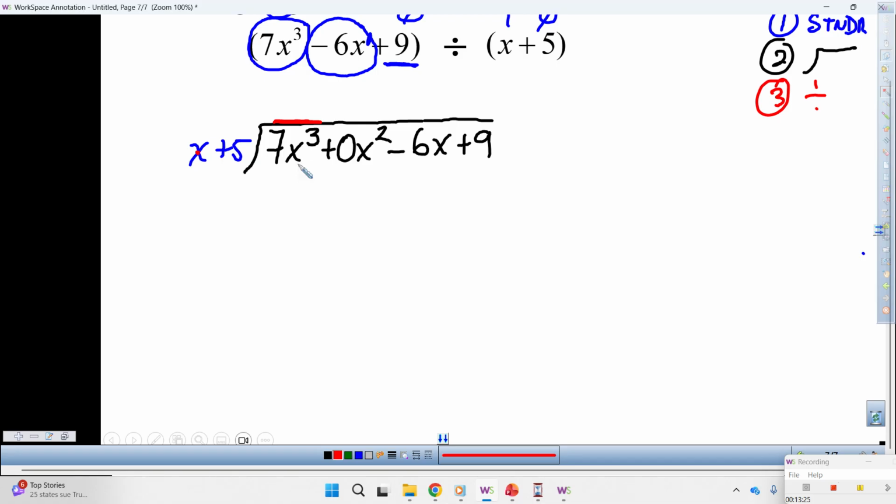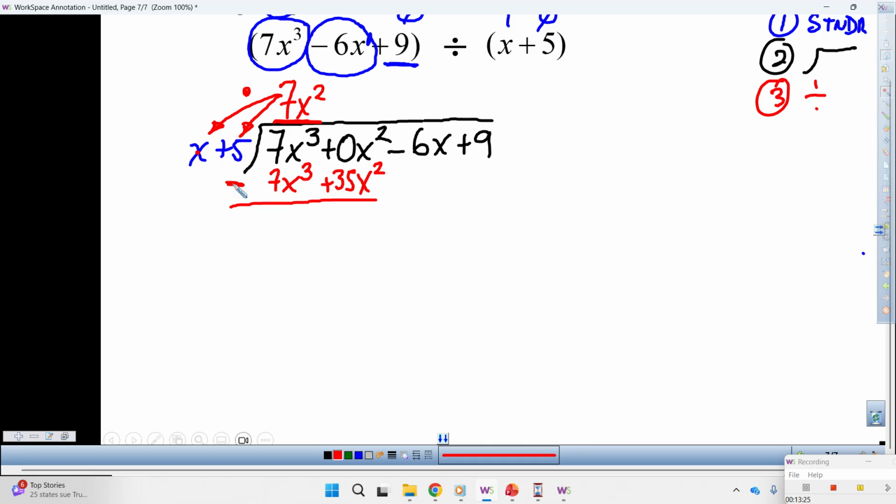What number times x gives us 7x cubed? All right, German. 7x squared, that is correct. So 7x squared times x, that's 7x cubed. And 7x squared times 5, that's 35x squared.